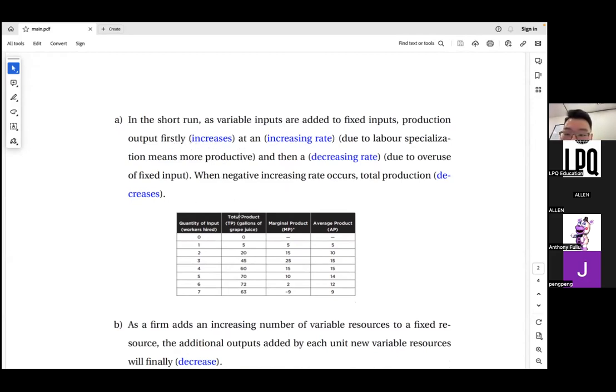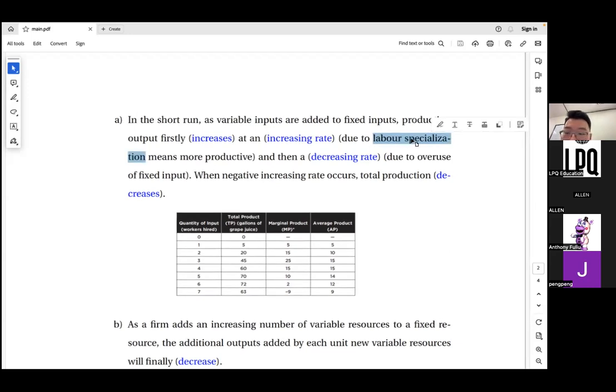Still remember we are doing short run analysis. This part is not long run analysis. It's a variable input added to fixed input. So production output firstly increases at an increasing rate. I wrote down the reason here, what we learned from this video. From that video it is labor specialization.